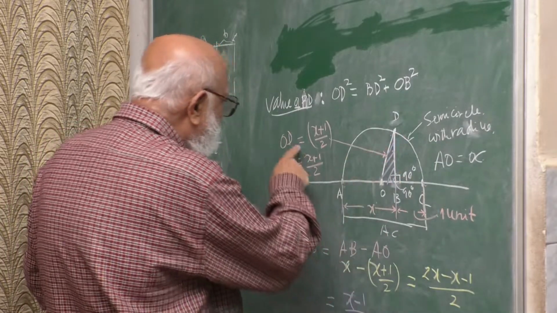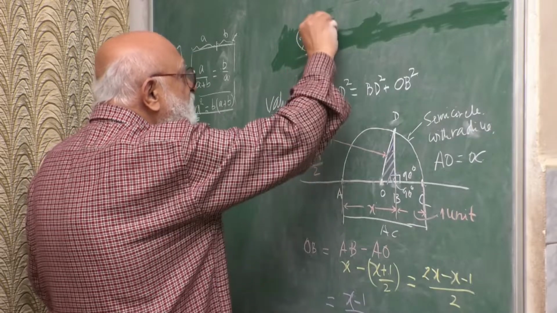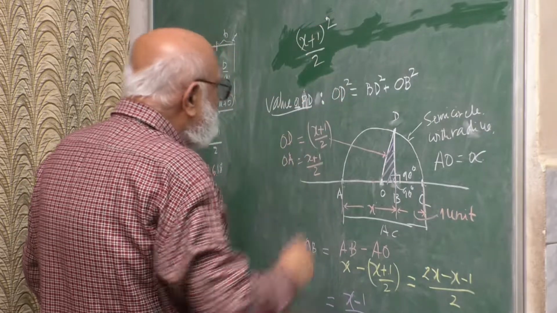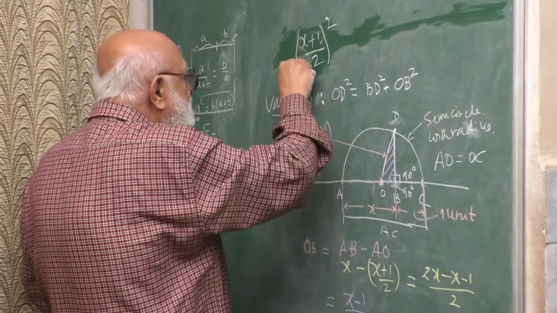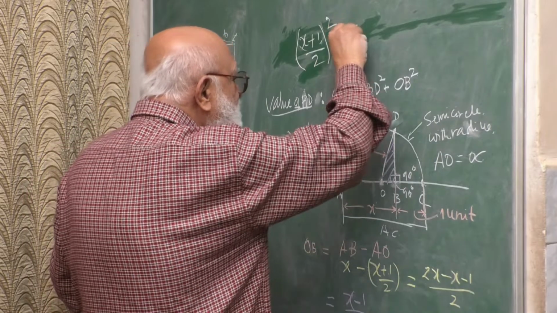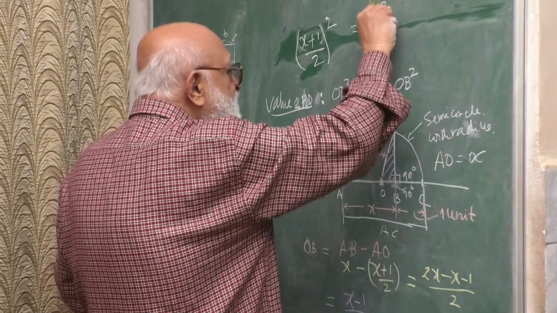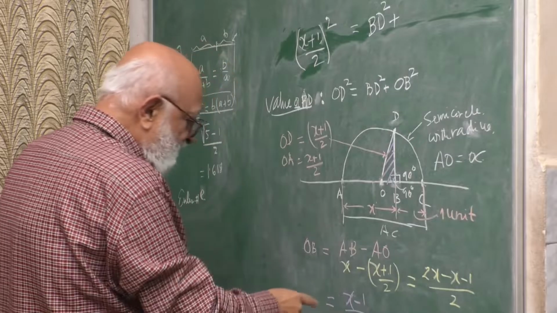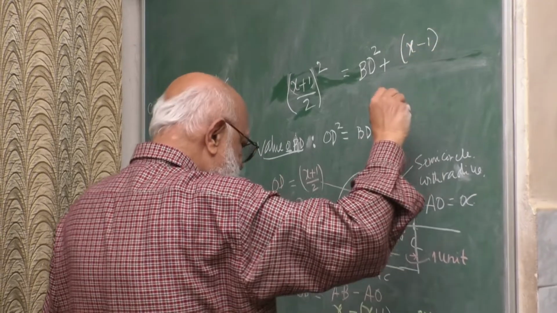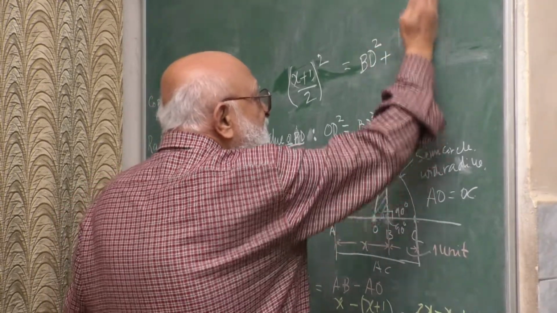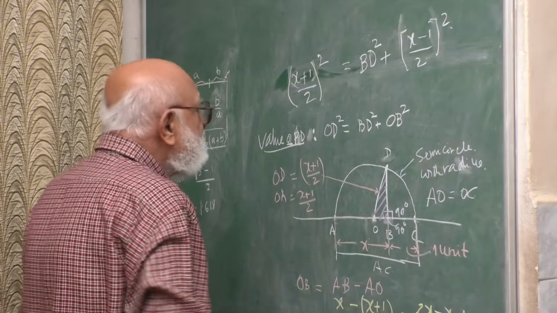OD is equal to, we have already written, (x plus 1) divided by 2, whole square. Okay? Divided by 2, this 2 also under the whole square, be careful, otherwise you will make it 4 here, is equal to BD square. BD square is the one we want to find out. So BD square will be OB square. OB square we have found out: (x minus 1) divided by 2, whole square. Okay?